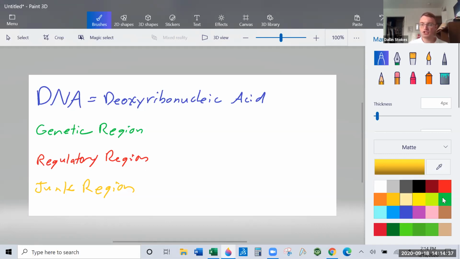Genetic regions, their job is to hold the information that tells you how to build the cell. So I told you that was the DNA. This is the specific part of the DNA that does that. Instructions to build a cell.